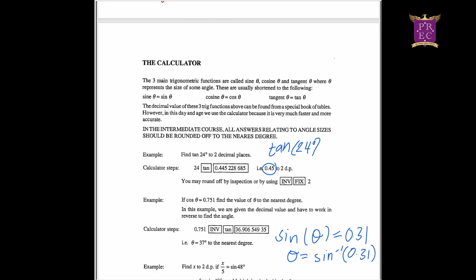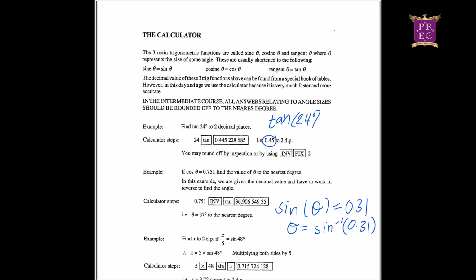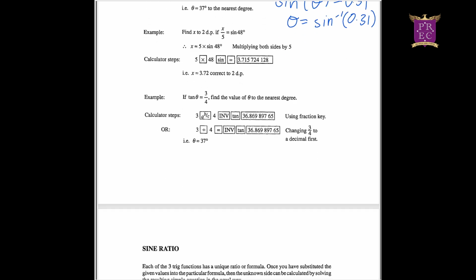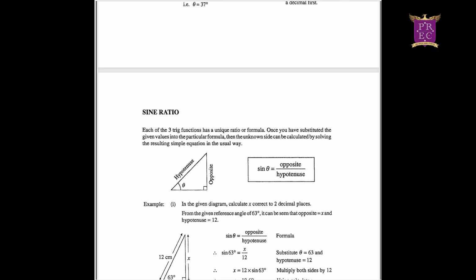Put sine inverse 0.31 in the calculator, and then you'll find the value of the angle, which will be in degrees. Okay, and these are some other calculator functions that you can do. I suggest you guys just try these on your calculator and have a feel of how to get these numbers when you're doing questions.